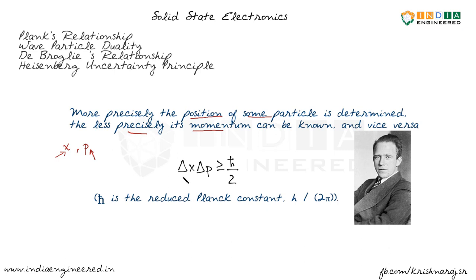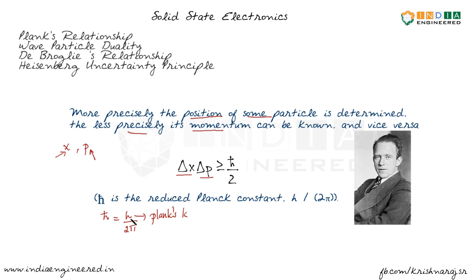He gave this relationship: delta x into delta p is always greater than or equal to h by 2 pi, where h is Planck's constant. Now what are delta x and delta p? They are the standard deviations in measuring position as well as momentum.